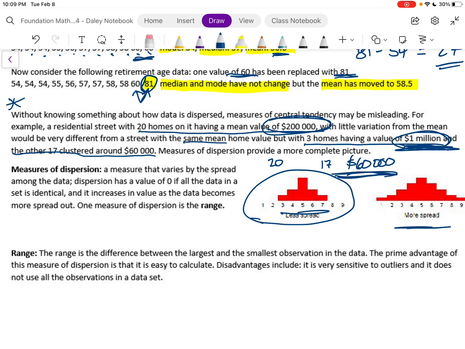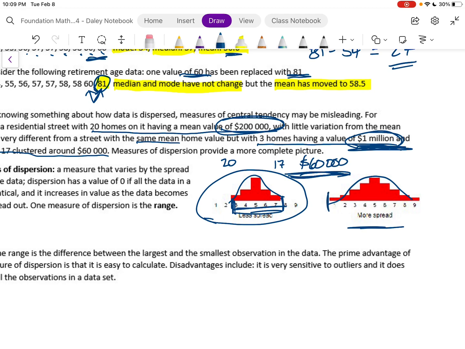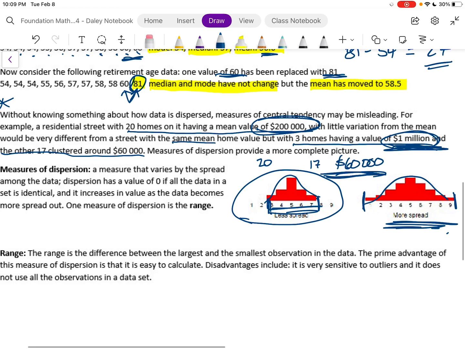So it's evenly spread on both sides, but you can see that this one, everything is kind of grouped together more. It's grouped between 2.5 and 7.5, whereas in this one, everything is grouped between 1 and 9. So they're both normally dispersed, evenly dispersed, but this one is spread out wider. Okay, and so that would have a difference in how we interpret things.